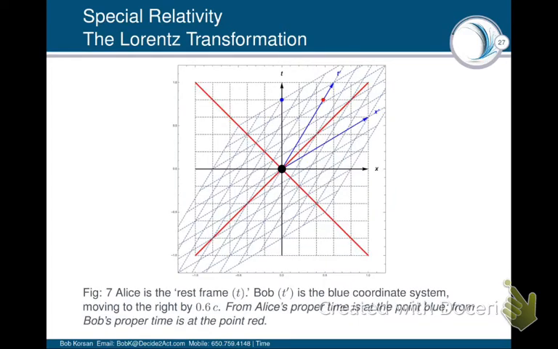So let's take a look at a particular case, and we're going to let Bob be moving to the right by 0.6 times the speed of light. This is the origin, and we have two points that are of interest here. The first is Alice's time at some particular point here.